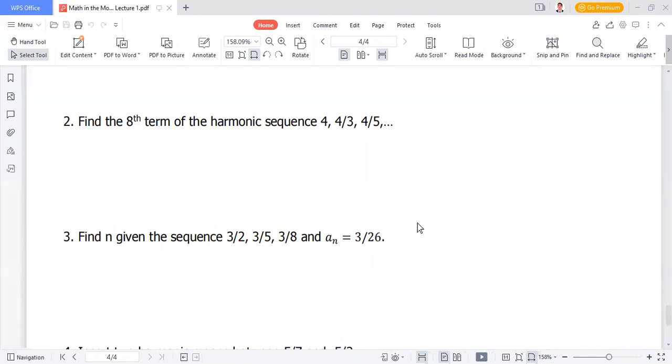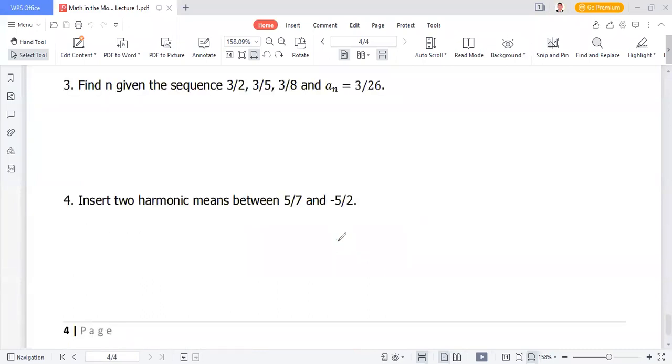Find n given the sequence 3/2, 3/5, 3/8, and a sub n equals 3/26. So, baliktarin natin. 2/3, 5/3, 8/3, tapos, and so on. Ang a sub n ay 26/3.